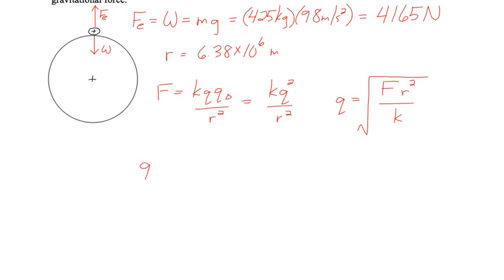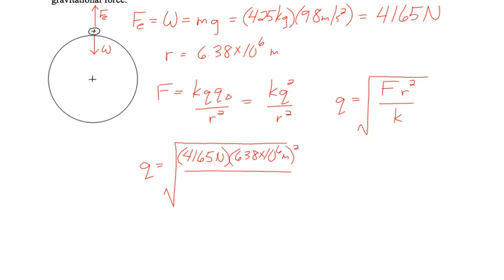So Q is going to equal the square root of, for F, we're going to put in 4,165 newtons. For R, we're going to put in 6.38 times 10 to the 6th meters, and that's going to be squared. And then for K, we're going to put in 9 times 10 to the 9th newton meters squared per coulomb squared.